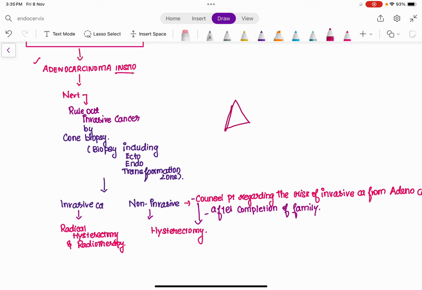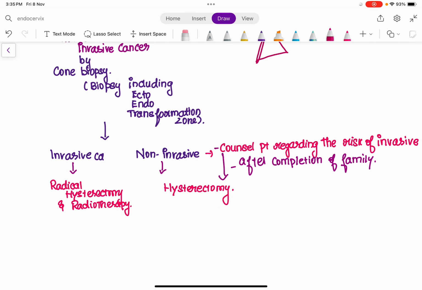You are taking tissue samples from the endocervix, but in order to rule out any invasive cancer that has spread beyond that part of the cervix, you have to take samples from all the parts of the cervix. This cone biopsy has the advantage of taking the specimen from the exo, endo and the transformation zone. By doing this, you can come to a conclusion of whether it is an invasive or a non-invasive type.